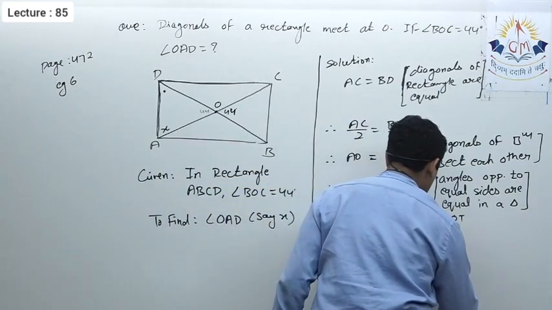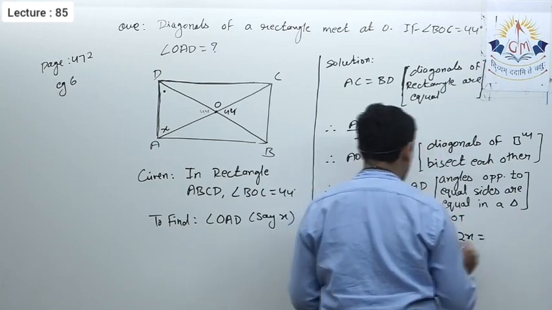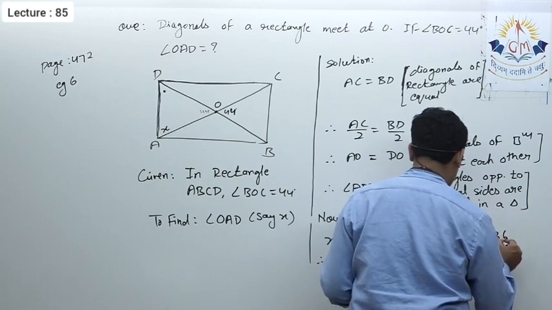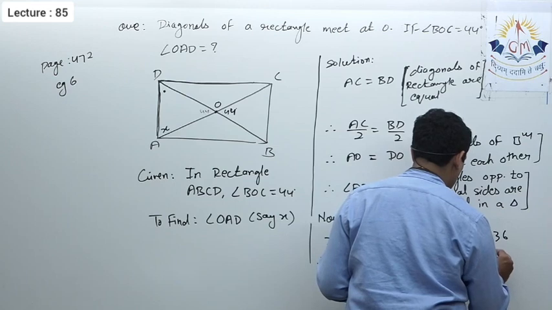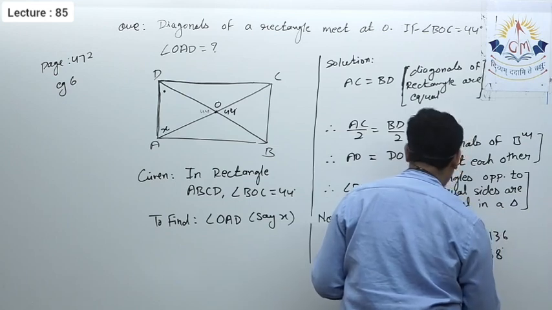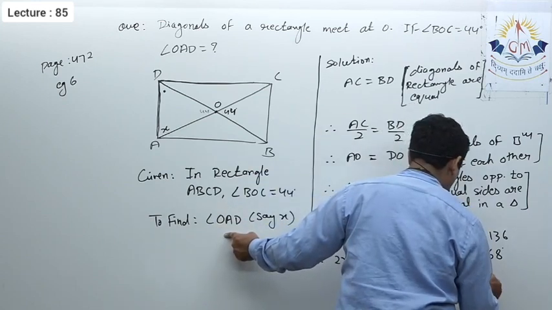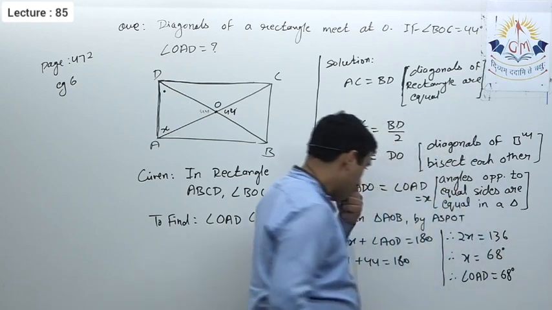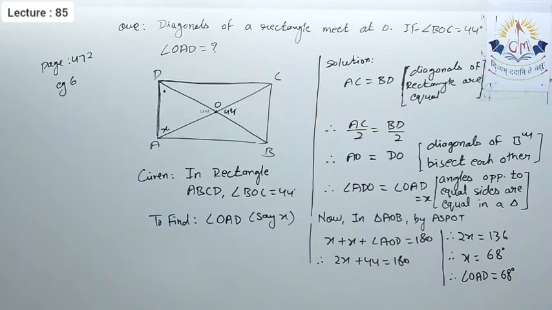Therefore 2x is equal to 180 minus 44, that is 136. Therefore x is equal to 68. Therefore the required angle, angle OAD, is equal to 68 degrees. So this is the final answer. Please note it down, then we'll see the next question.